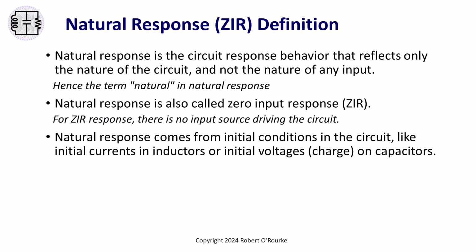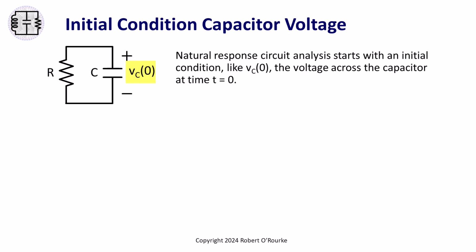The natural response of a circuit comes from initial conditions, voltages or currents, that are already in the circuit when the analysis begins. Zero input response starts with a voltage across the capacitor. This starting capacitor voltage, V sub C0, is called an initial condition.